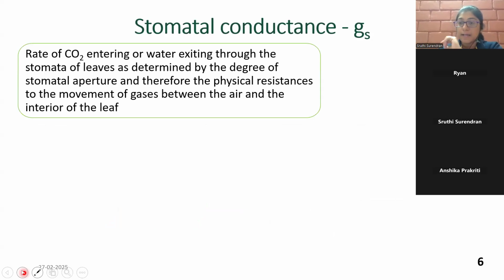And so we can define stomatal conductance as the rate of either carbon dioxide entering or water exiting the system. And this is a function of how largely the stomata is open or closed, and also of the diffusion of gases between the atmosphere and the inside of the leaf.